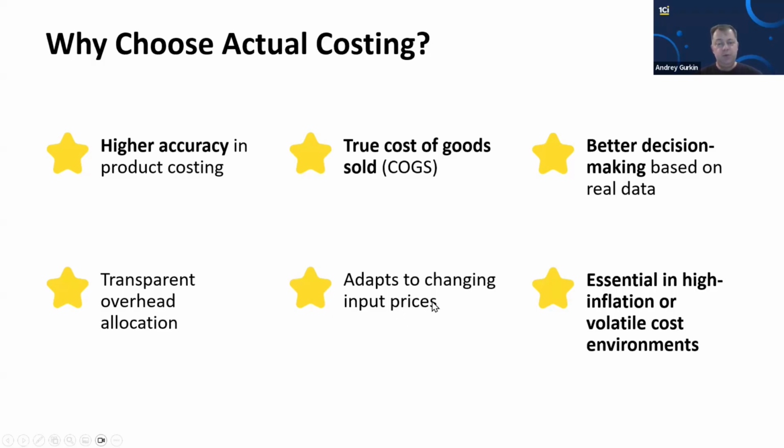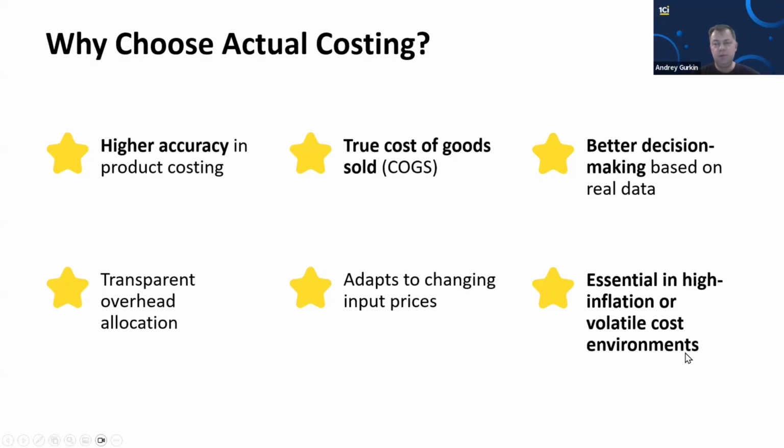It adapts to changing input prices, of course. So if you are registering planned cost, and then after that some of the incoming prices for services, for example, are changing, using normal costing, you cannot predict it, etc. So the result will be more over allocated planned cost in the end, during month-end closing.